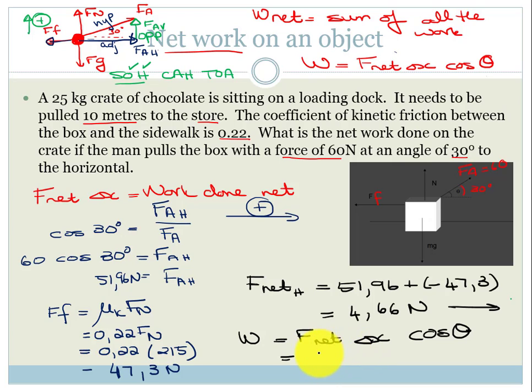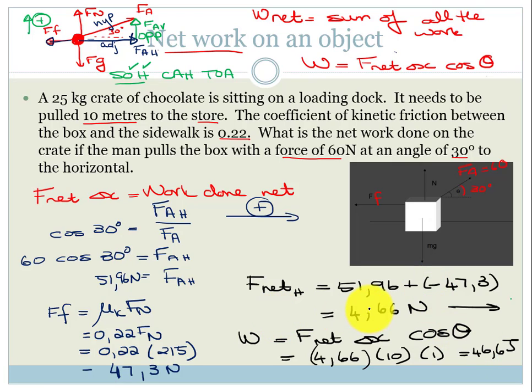So therefore this would be 4.66 multiplied by the distance of 10 meters. Cos theta is going to be 1 because we're going forward in a horizontal direction. So that works out to be 46.6 joules. Not too difficult, hey, and not nearly worth the calories that 25 kilograms of chocolate is going to have if we ate it.